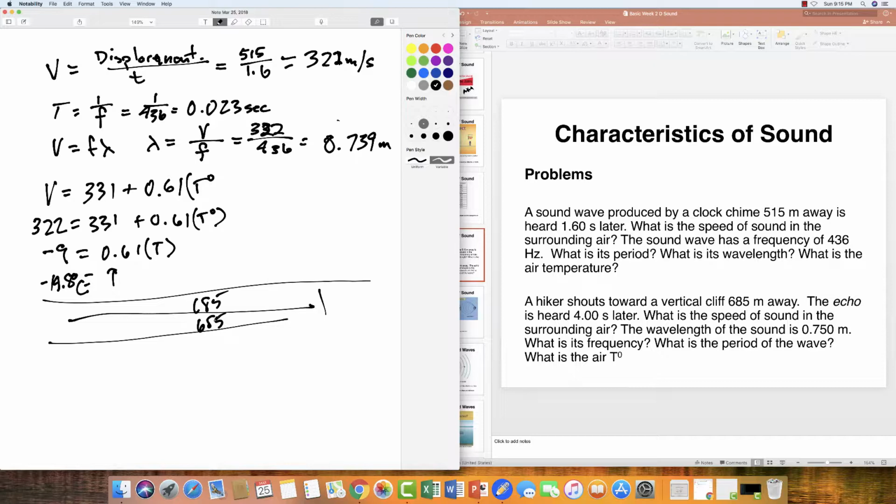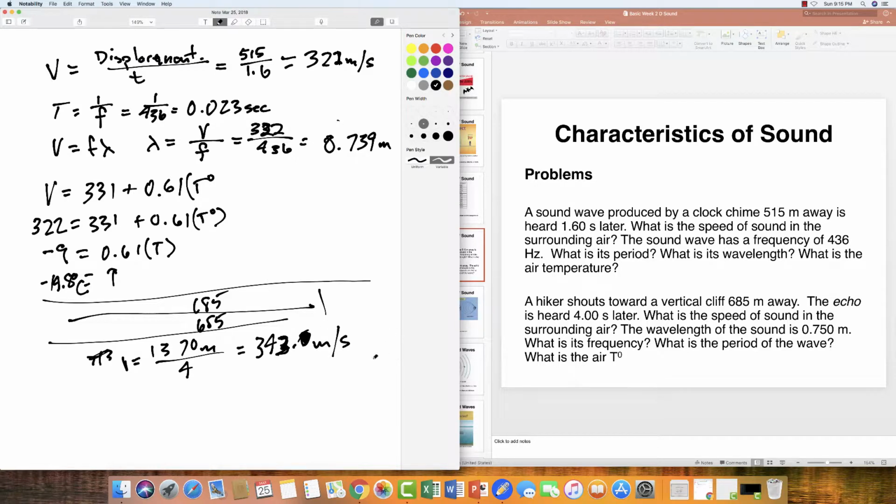So that's actually 1,370 meters is the distance traveled, and it does it in 4 seconds. And so if we take that, we get 342.5 meters per second. Now this is 3 significant figures, so you could say 343. So 343 meters per second.